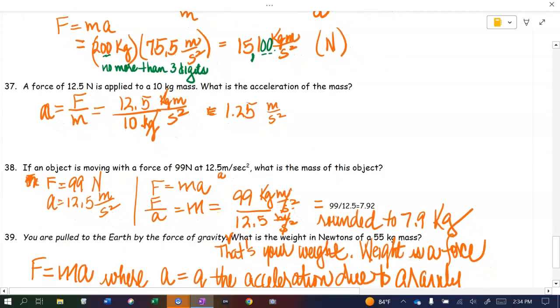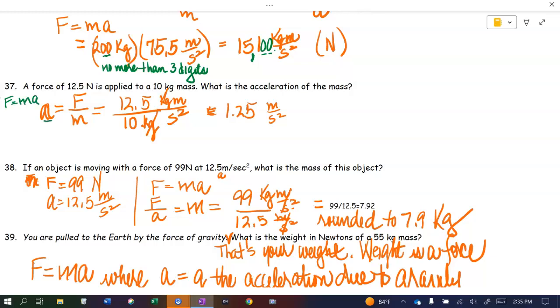All right, now a force of 12.5 newtons is applied to a 10 kilogram mass. This tells us we have a force and a mass. So what's the acceleration? Well, we divide through F equals ma, like we did above, and we get that the acceleration is the force divided by the mass. F equals ma, let me remind you again.